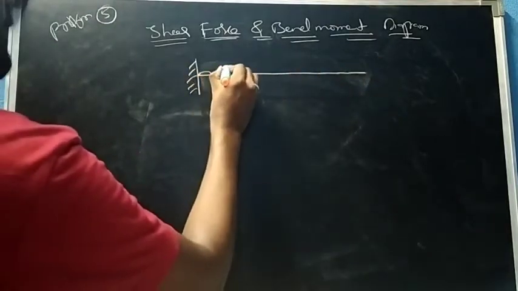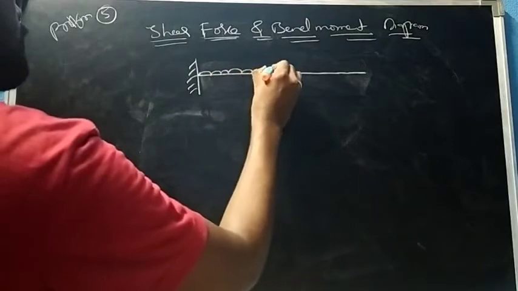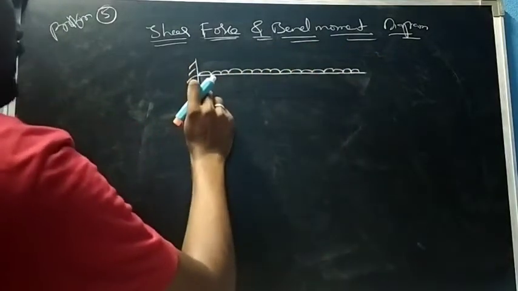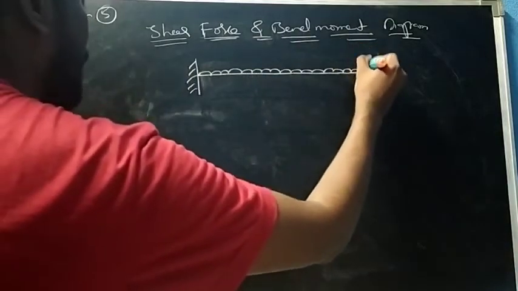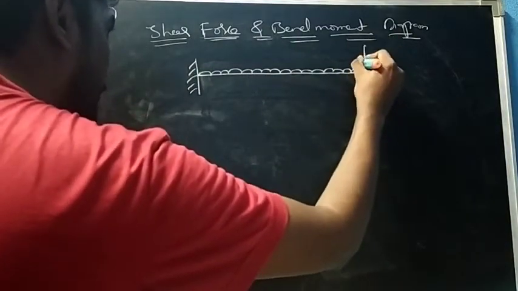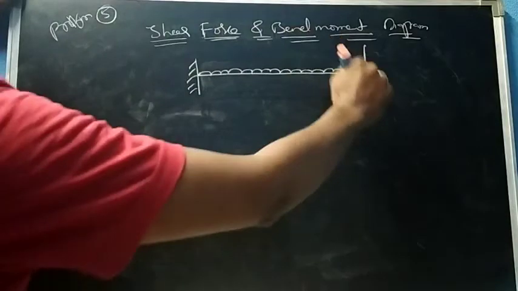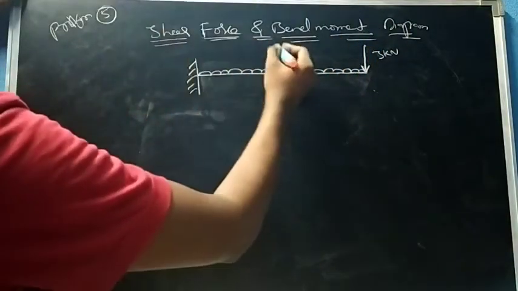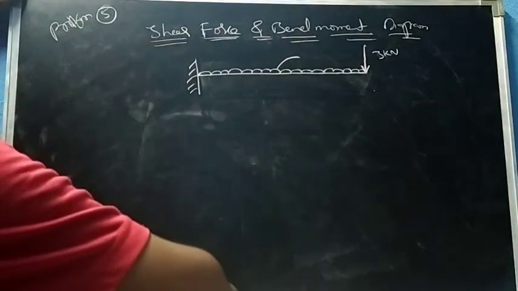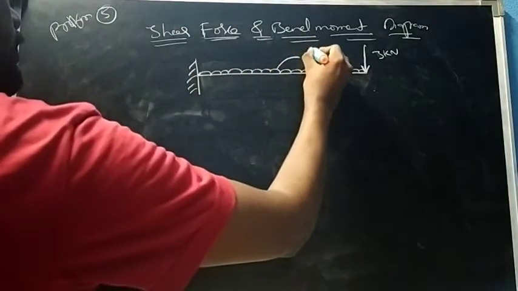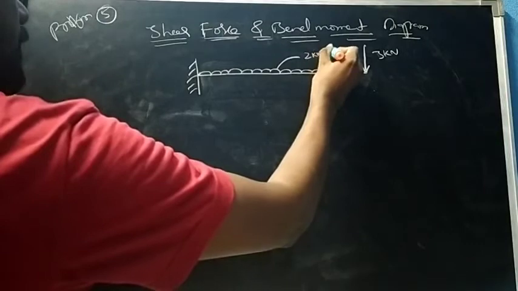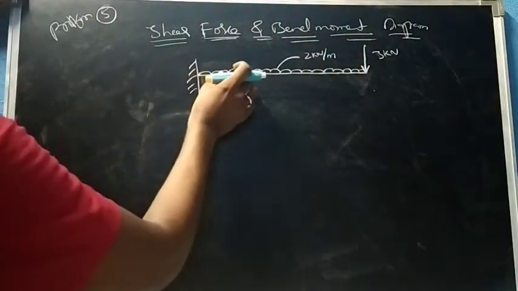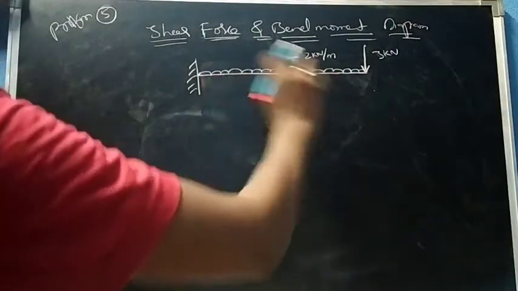So we need to draw the shear force and bending moment for a UDL acting on a cantilever beam, and there is another load, a point load, acting exactly at the end of the beam, that is 3 kilonewton. And what is the uniformly distributed load? That is 2 kilonewton per meter. That means each and every unit will have this load.